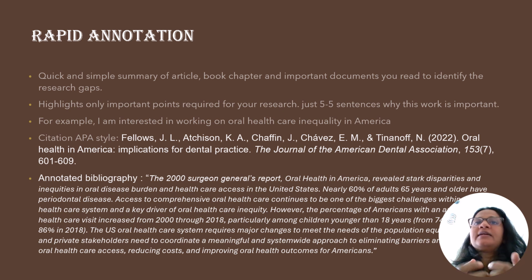The 2000 Surgeon General's report on oral health in America revealed the disparity and inequality of oral disease burden and healthcare access in the United States. It stated that around 60% of adults aged 65 years or older have some periodontal problem. Accessing comprehensive care is the biggest challenge in this age group, if you can say so.